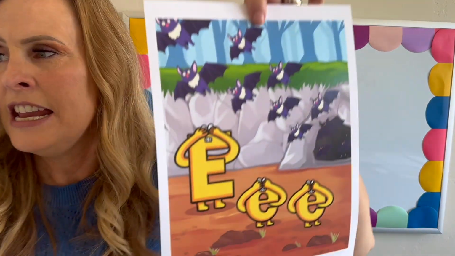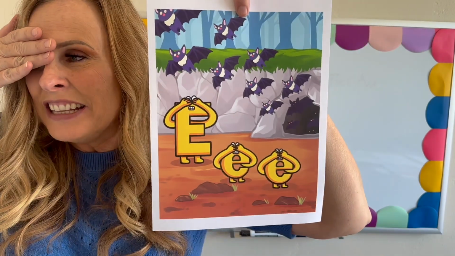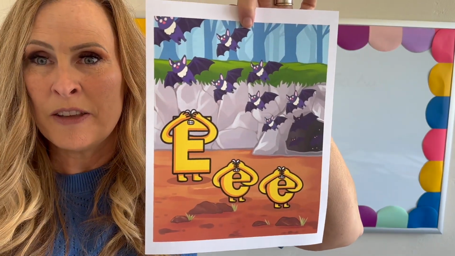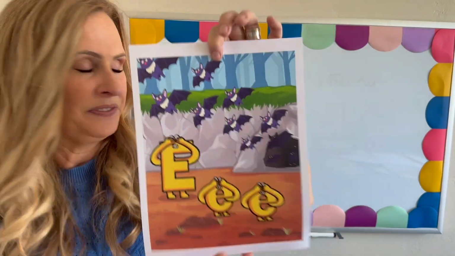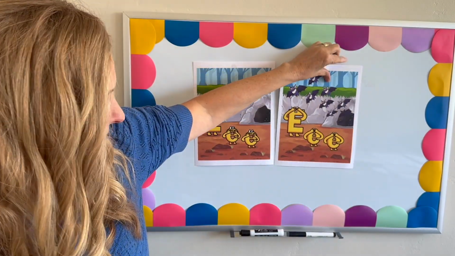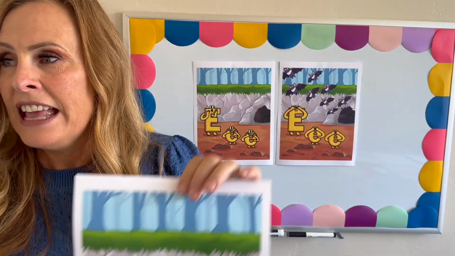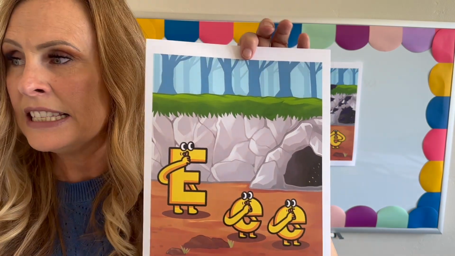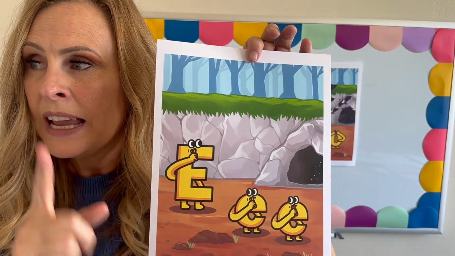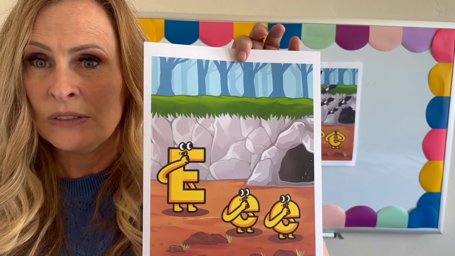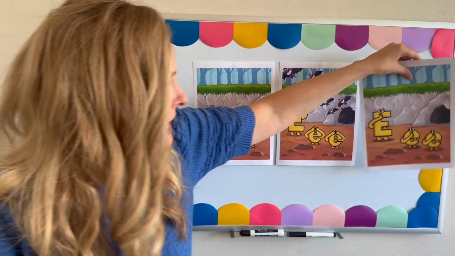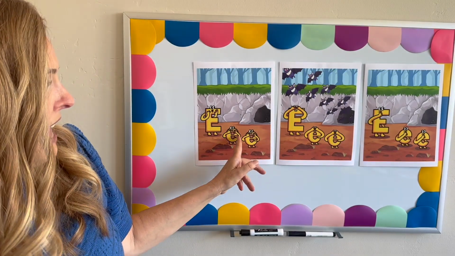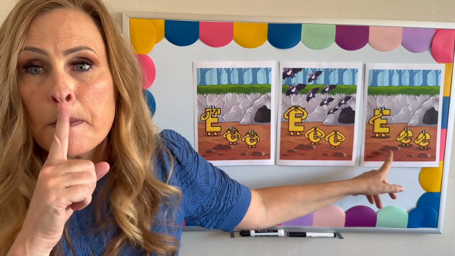The long E sound is E, like when they covered their eyes and they were afraid of the bats and they said E. Then Teacher E explained that sometimes E is silent, like the E's didn't make a sound. The little letter E's practiced all their letter sounds, E, and now you try.